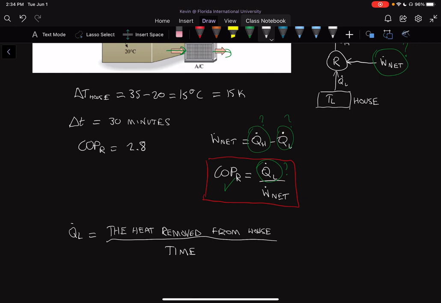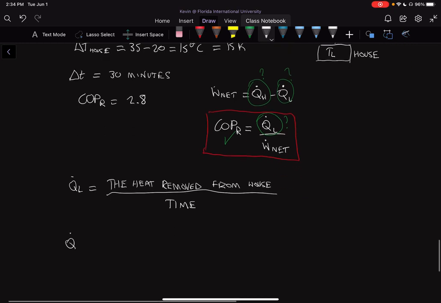So essentially Q dot L is equal to QL, which is the heat removed, divided by the change in time. We already know the change in time is 30 minutes, and we can convert that to seconds by multiplying by 60. Now we just need to find our QL.